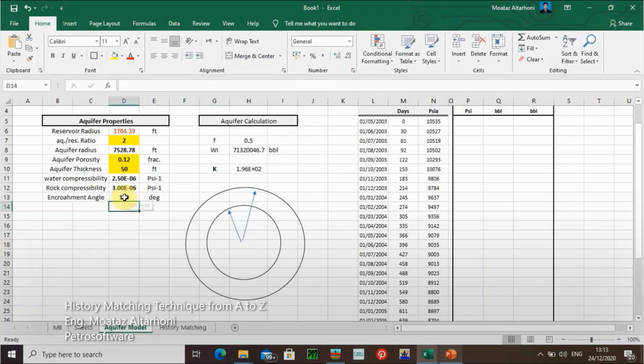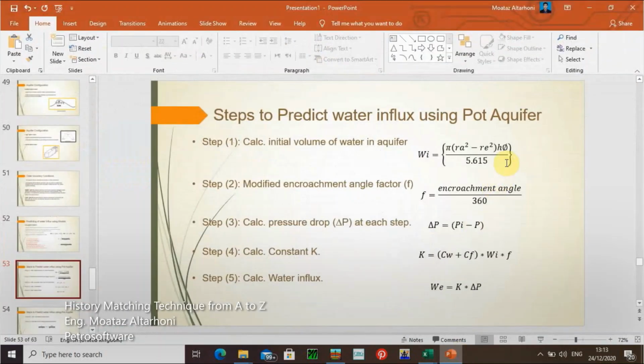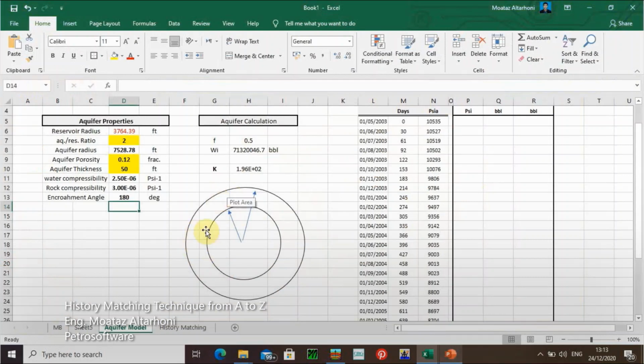Here in the initial volume, it's very important, because it will tell us where the area or the side of the water influx is. If the water comes from all the sides, the initial volume will be from all the sides.